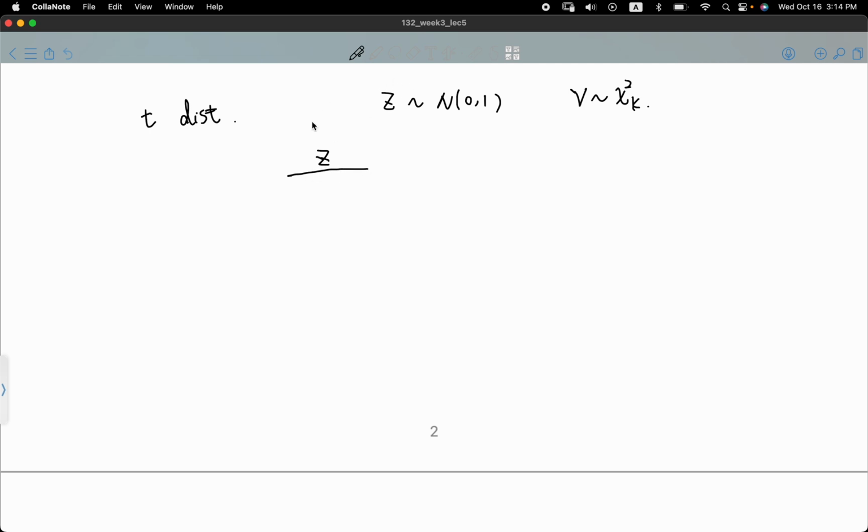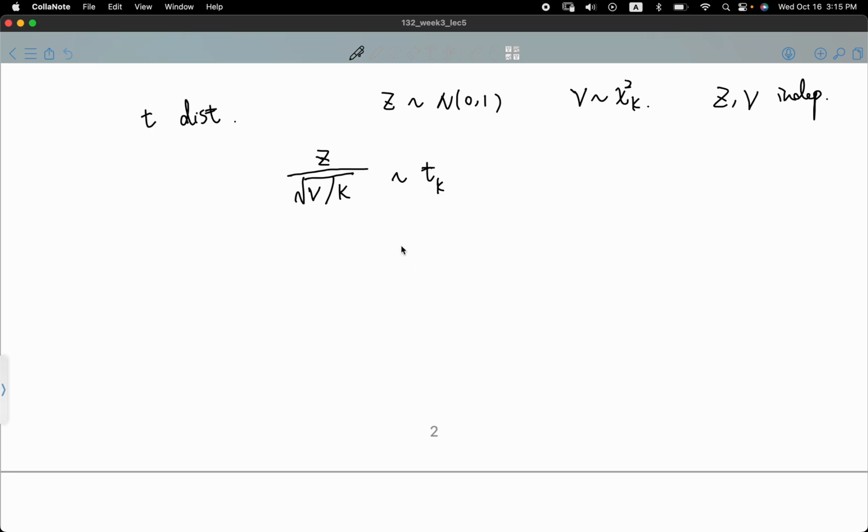So if you draw samples from a standard normal and then from a chi-square, then the following transformation should follow a t distribution, degree of freedom k. Also, the z and the v, the chi-square, should be independent. So if you draw a sample from a normal and also a chi-square and take this transformation, the resulting new random variable follows a t distribution, degree of freedom k.